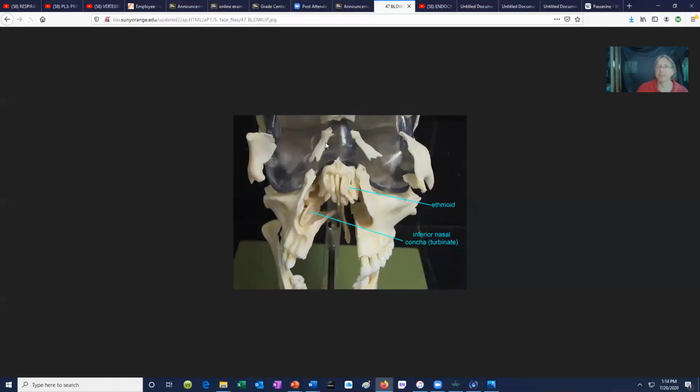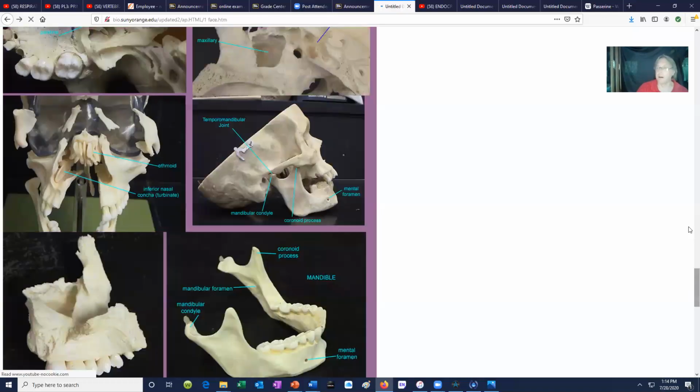So here would be the small nasal bones. Here are the cheekbones. Once again, this bone has been disarticulated. But notice that while some of the plates which stick out into the nasal cavity are coming from the ethmoid bone, the superior and middle nasal conchae, notice that there is one bone which is its own separate bone, and it is a bone of the face.